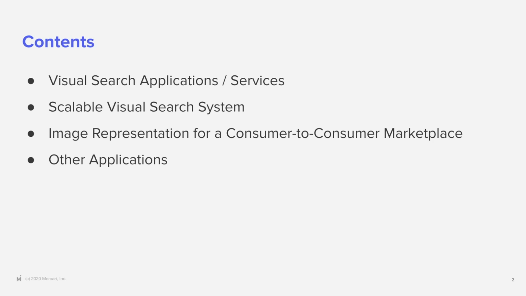I will share what was the issue specifically and how we solved it. We are using the visual search techniques for other purposes in addition to the feature to search items by user-taken query photos. So lastly, I will introduce some other applications of visual search.